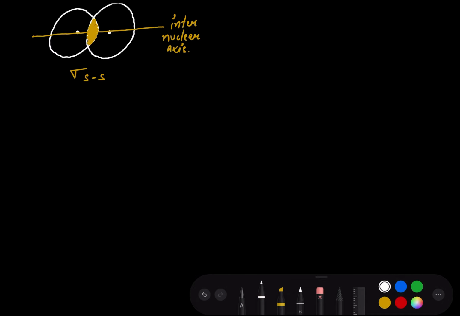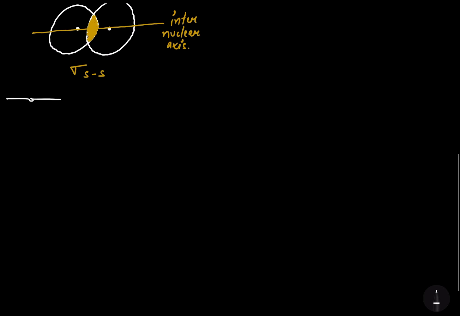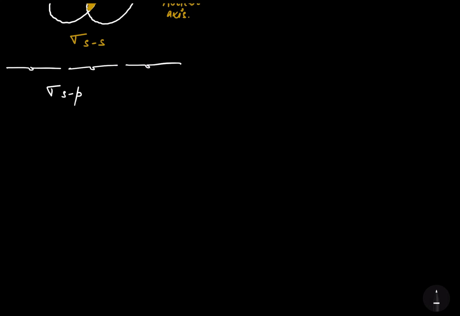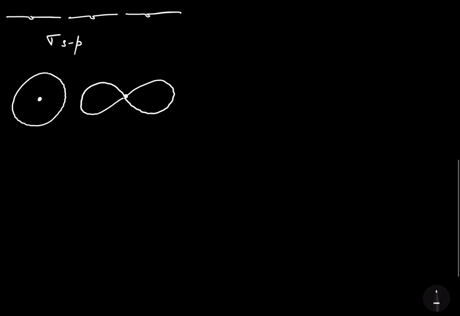Now let's talk about the second type of sigma bond. The second type of sigma bond is sigma s and p. So this is the nucleus and this is the s orbital of the first atom. Now this is the nucleus and this is the p orbital of the second atom. For the covalent bond formation, both the atomic orbitals will approach each other.